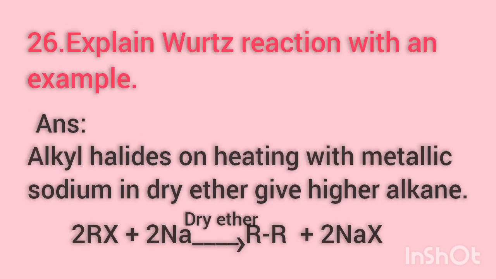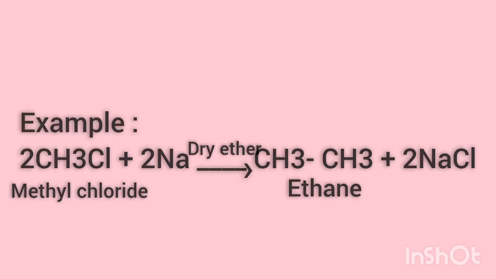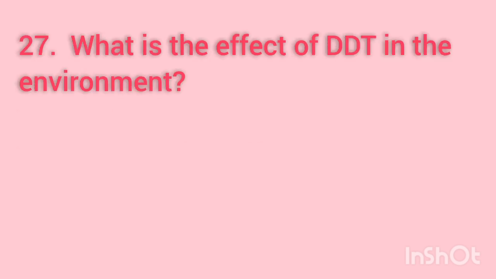26th question. Explain Wood's reaction with an example. Alkyl halides on heating with metallic sodium in dry ether give higher alkanes. Example. 2CH3Cl plus 2Na in dry ether react to give ethane. 27th question.